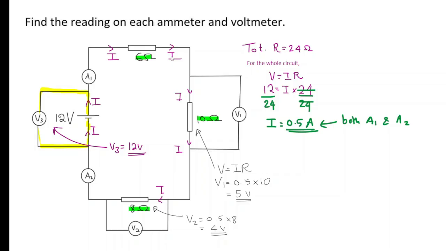The question does not ask you to work out the voltage across this one, but if you think about it, 0.5 times 6 is half of 6, that's 3 volts. Now if you look at the values, you can clearly see 3 add 5 add 4. So 5 add 4 is 9, 9 add 3 is 12. You get the total voltage that way.